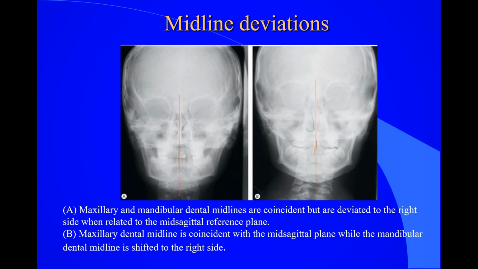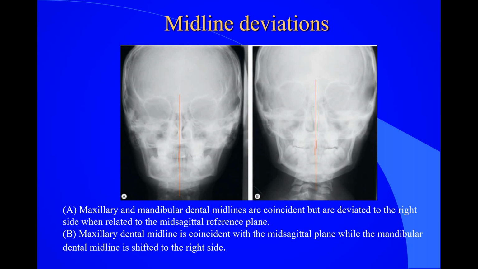Midline deviation. Quite often, most individuals presenting for orthodontic treatment do not exhibit coincident maxillary and mandibular dental midlines with each other or with the facial midline. This may be because of displacement or distortion of the maxillary or mandibular dental arches, tooth rotations, tooth size discrepancies, asymmetric crowding or spacing.